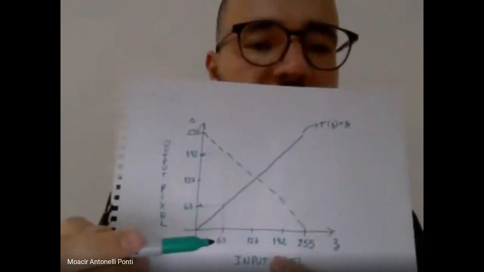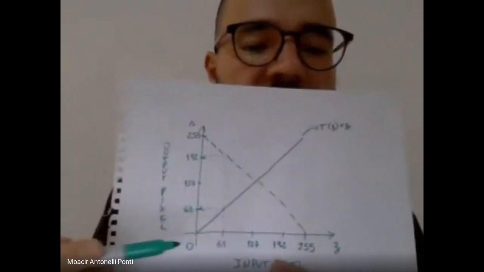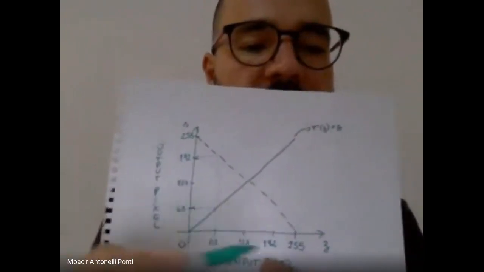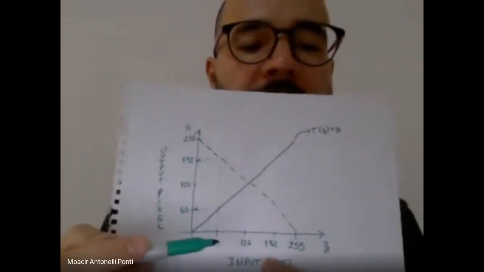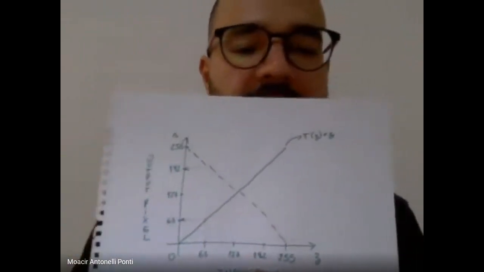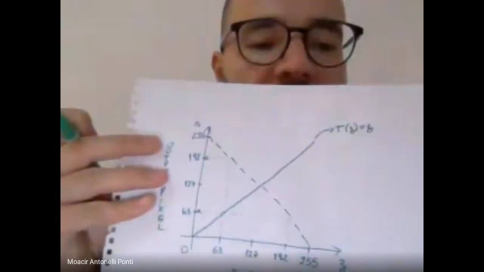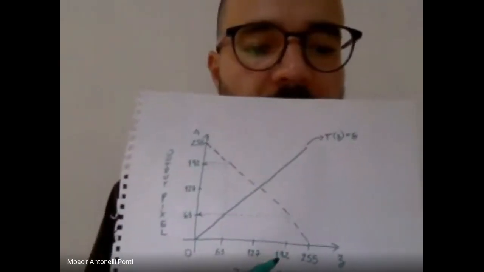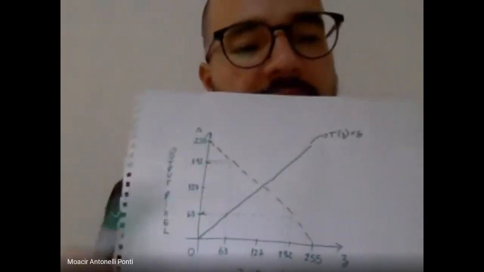So a dark pixel, because 63 is closest to 0 than to 255, will become bright. And on the other hand, if I have a bright pixel, such as 192 or any other one, this is going to do the opposite. So 192 will be mapped to 63.